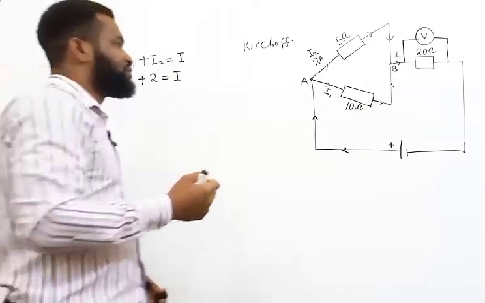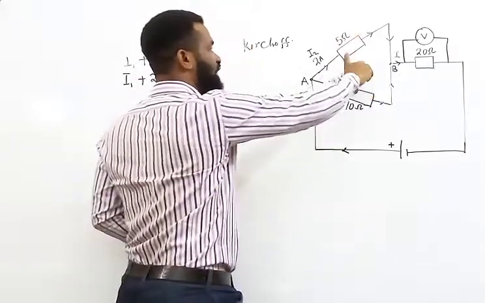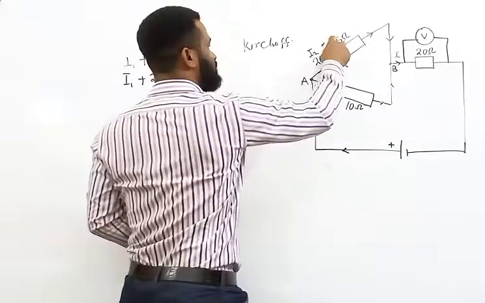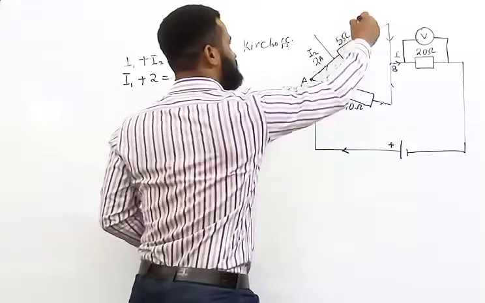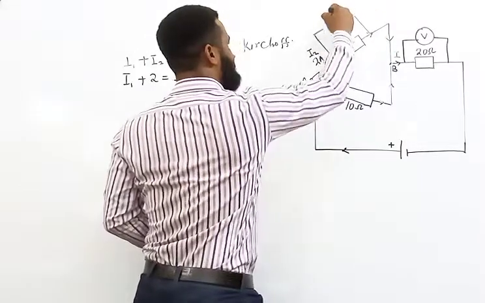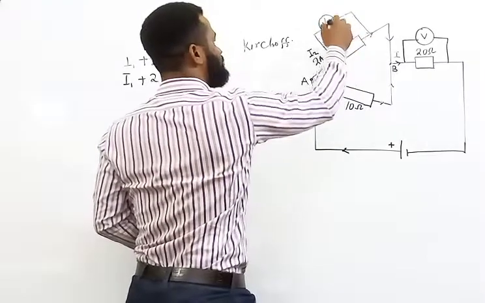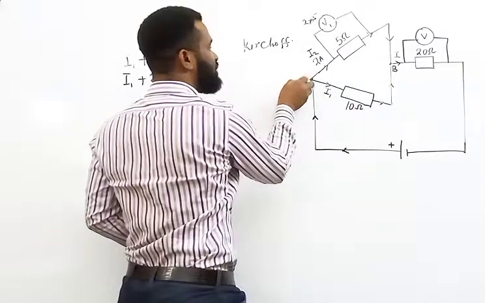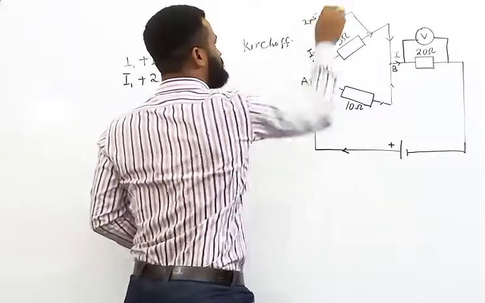Now, one other thing, remember this resistor and this resistor are parallel. But I can find the voltage across this point. The voltage across this point, V1, is just 2 times 5, because the current flowing through here times this resistance is 10 volts.